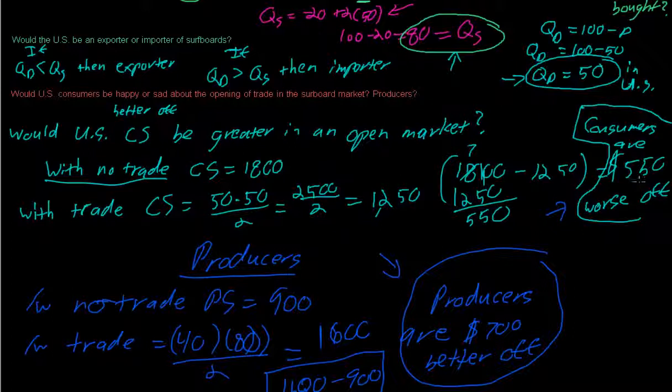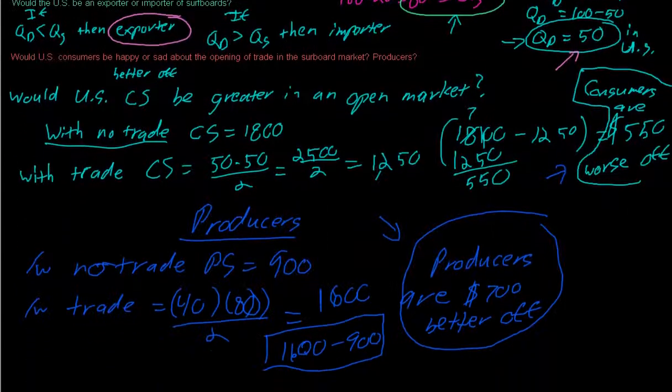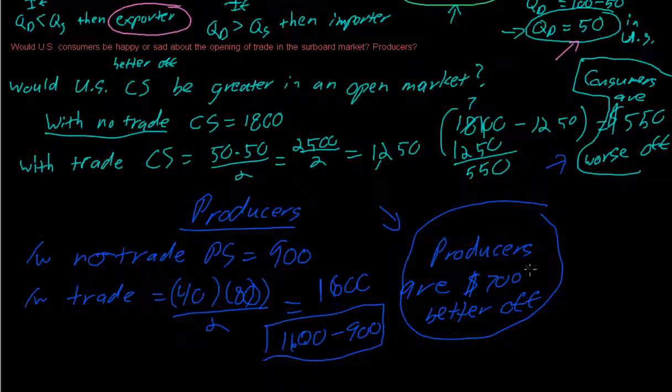Alright, so to clarify, the last things that we have: consumers are worse off. In this situation, the U.S. was an exporter. People would want 50 surfboards in the U.S., and the U.S. would produce 80 surfboards at a price of $50. And the entire society would benefit by the difference between 700, which was the gains to producers, and 550, the loss to consumers.